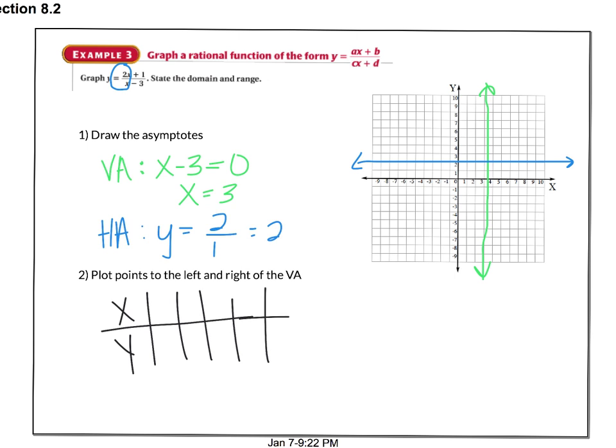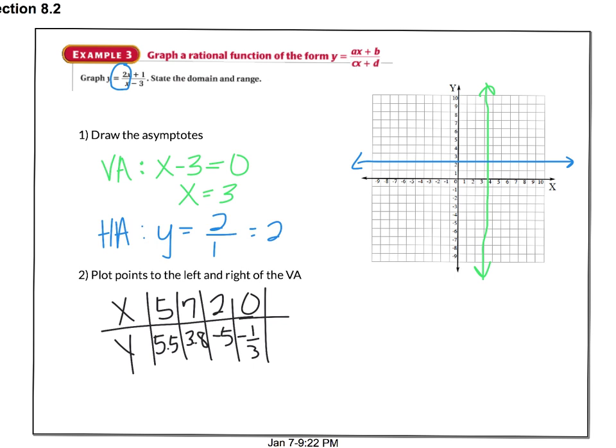And I am going to pick 5 and 7 to the right, and to the left I will pick 2 and 0. And you substitute those points into the equation above, and watch out for your order of operations and make sure you are inputting them correctly into your calculator. I'm going to go ahead and round. There, I'll use a fraction because it's easier, but those are my coordinate pairs.